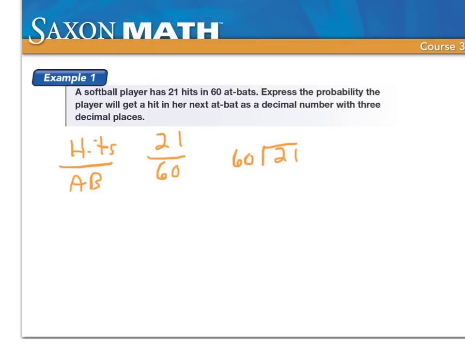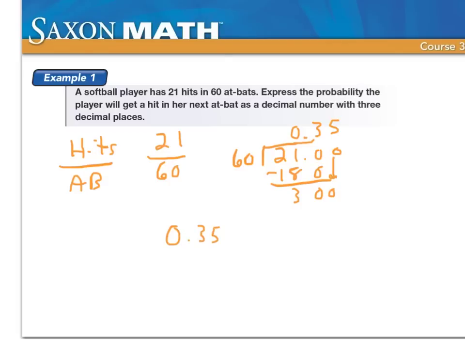Well, 60 does not go into 21, but it does go into 210 3 times. That multiplies to get 180. If we subtract from 210 we get 30, and we have to bring down a 0. And 60 goes into 300 5 times. So we got 0.35.